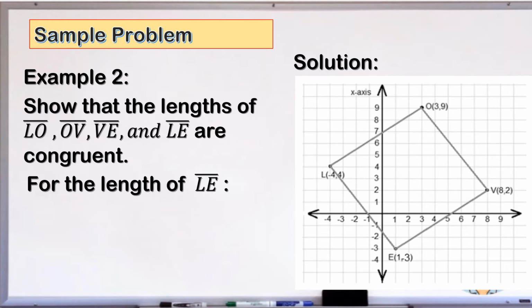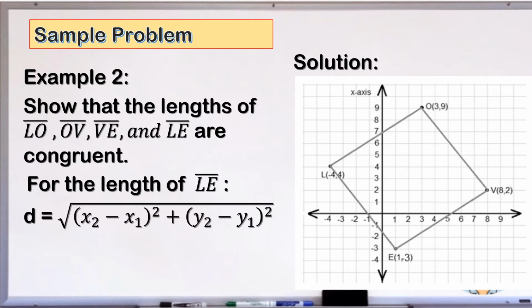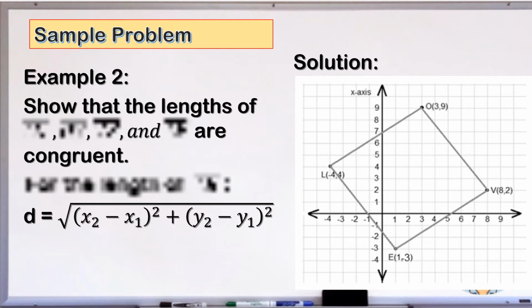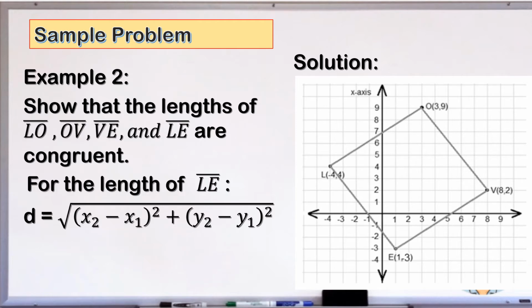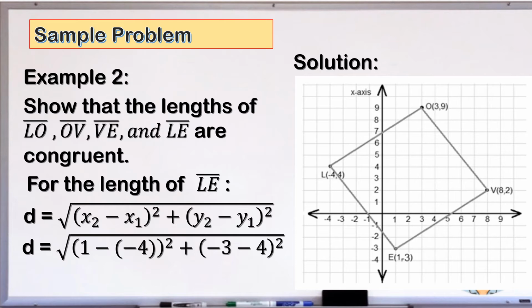Lastly, let us find out the length of segment LE. Again, using the distance formula, let x sub 1 equals negative 4, y sub 1 equals 4, x sub 2 equals 1, and y sub 2 equals negative 3. Okay, by substitution, we have the square root of the quantity of 1 minus negative 4 squared plus the quantity of negative 3 minus 4 squared.